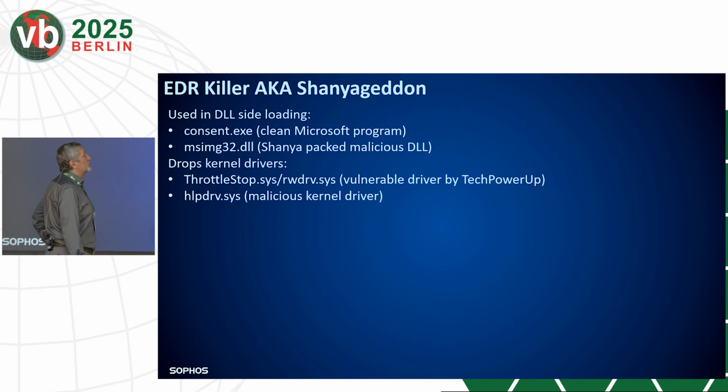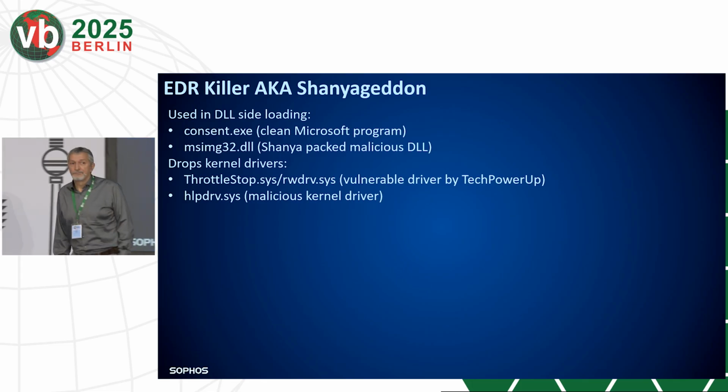What we have seen, it was used in DLL side loading scenarios. The clean loader was consent.exe, a Microsoft program. The malicious DLL was MSIMG32.DLL, and it dropped two kernel drivers. One of them is a vulnerable driver by TechPowerUp, and the other one was the malicious kernel driver.